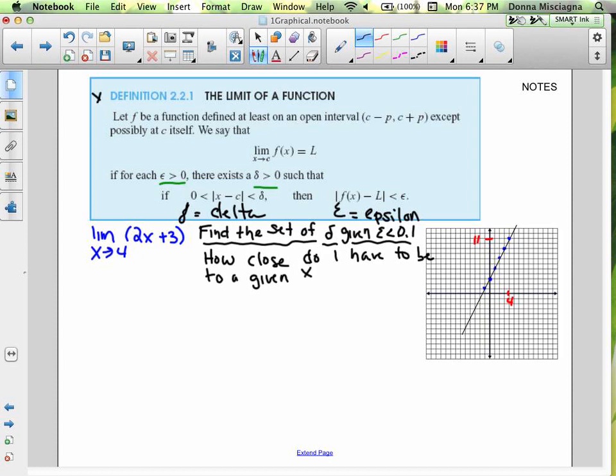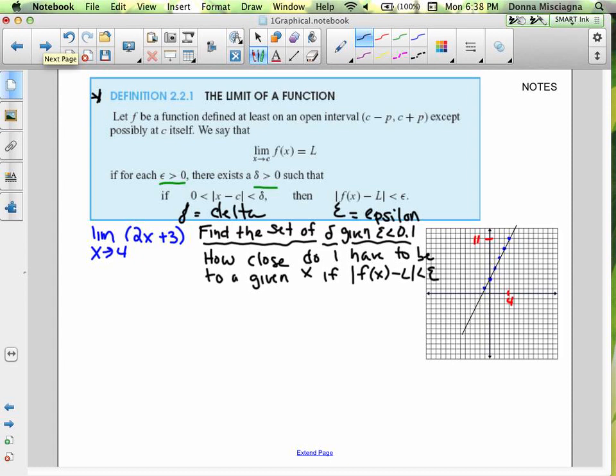That's all this really means up here. If the distance between f of x and the limit has to be less than this value. You're always given that epsilon value. You're told, okay, you're going to be this close to the limit. What x values can I use? How close do I have to be to x?